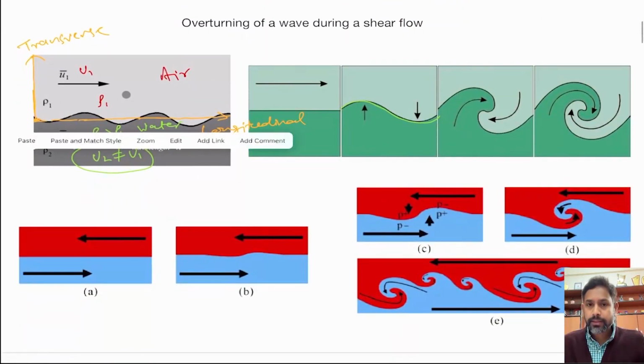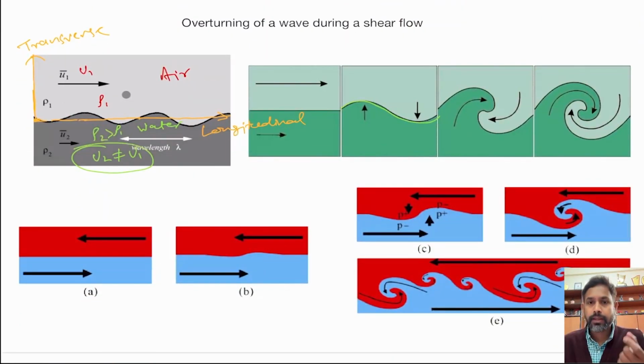When the shear flow value is small, waves are stable. But when the shear flow increases in magnitude, the amplitude of this wave increases and the wavelength decreases, with more and more velocity. When this amplitude increases, there is a greater and greater sudden change in the pressure between these two layers, and that brings instability in the system.